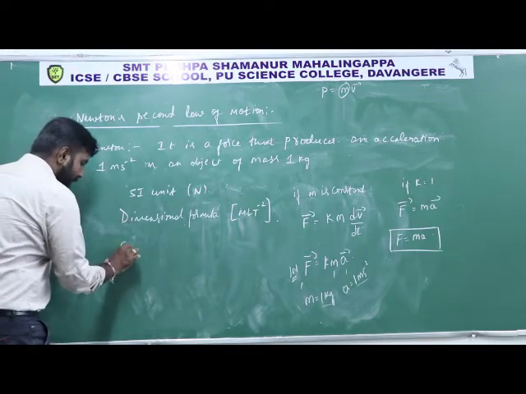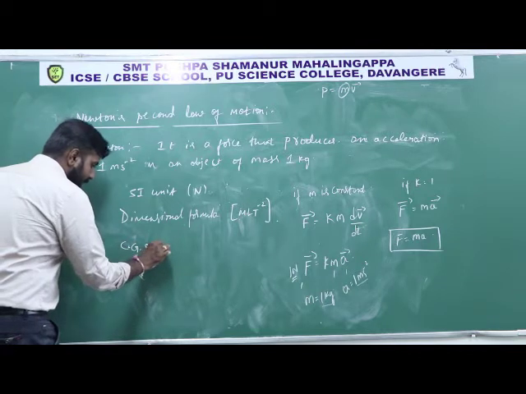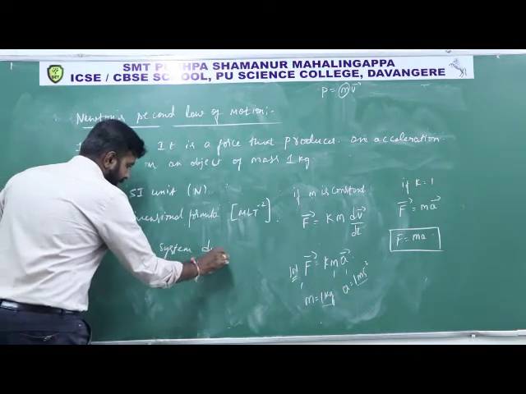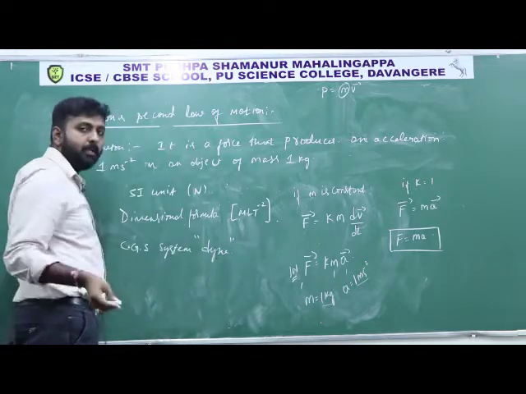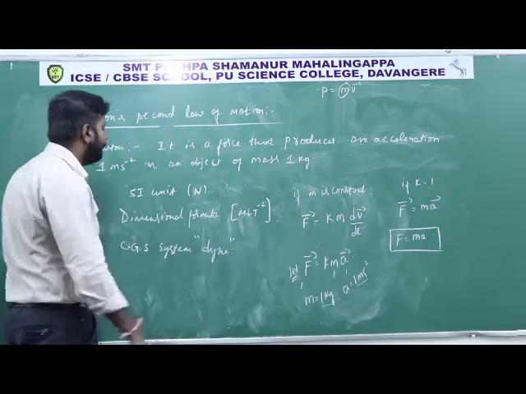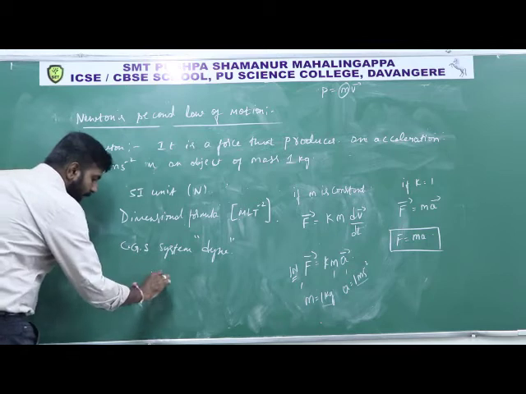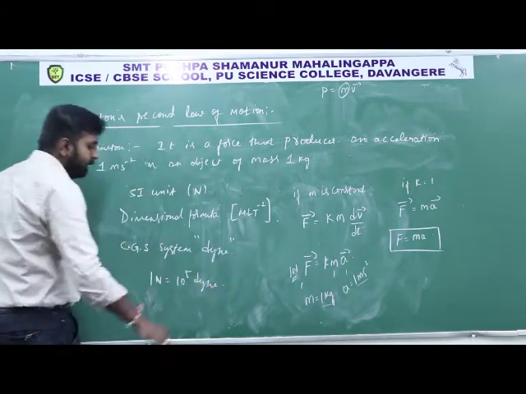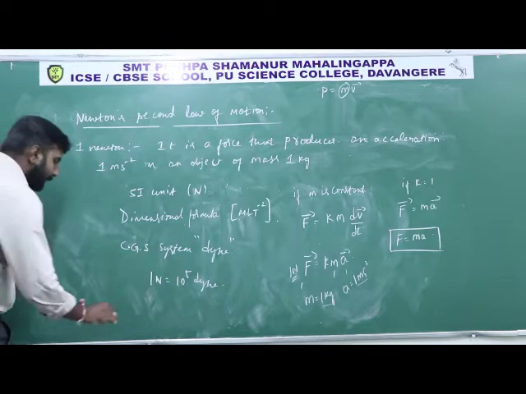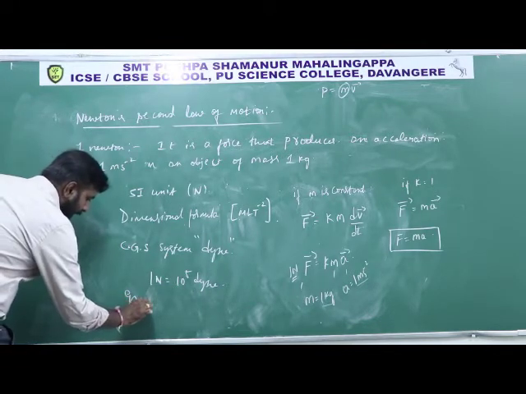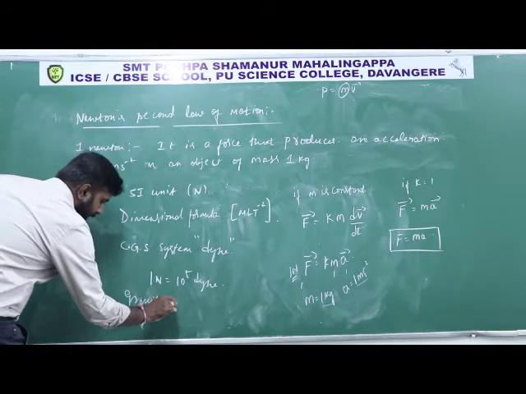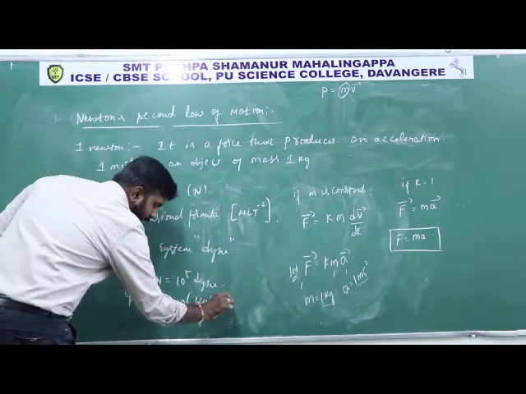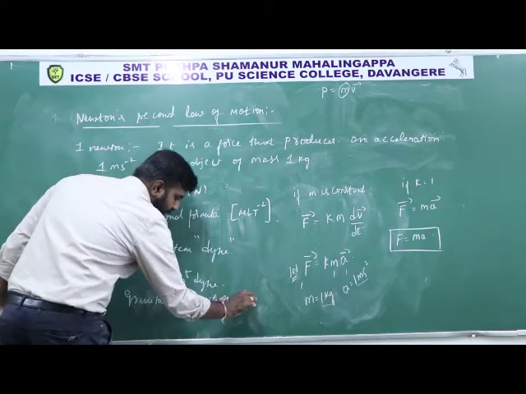Then CGS system unit is dyne. Okay, dyne is the CGS system unit of force. Then 1 Newton is equals to, remember, 10 to the power 5 dyne. This is the relation. One more unit is there, that is gravitational units of force.